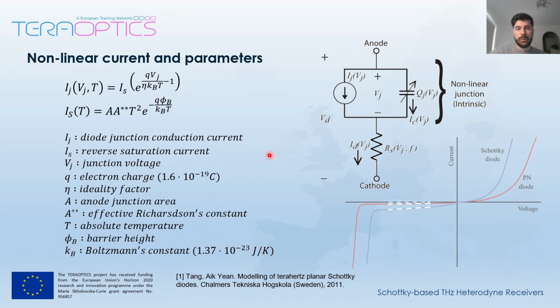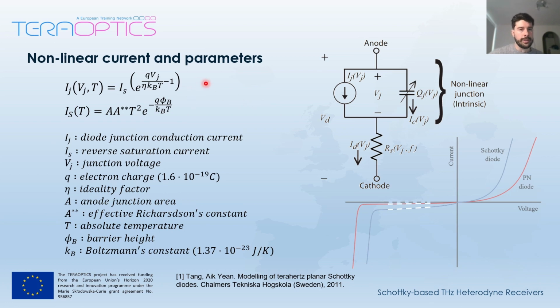Now, let's have a look at the expressions for the different components of the model, starting from the current. The mechanism that we described before for the Schottky contact can be modeled by the thermionic emission theory, and that theory leads to these expressions, in which, as you can see, the current has an exponential form. In those expressions, there are different parameters.